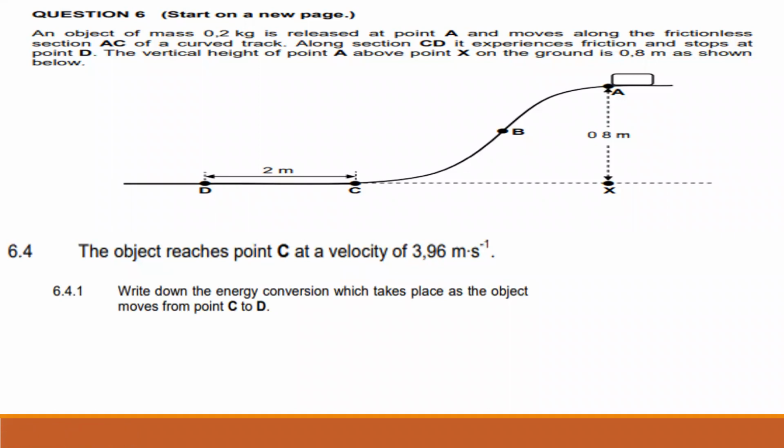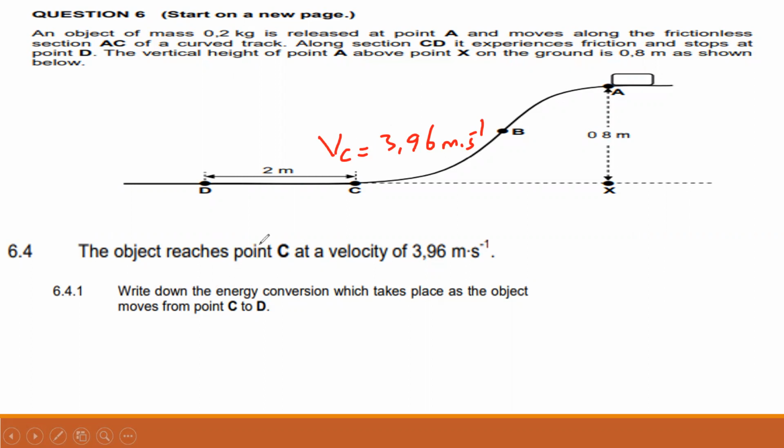6.4 now. Velocity for C is given. Velocity VC is equal to 3,96 meters per second. And what else we know, people? Okay, write down energy.